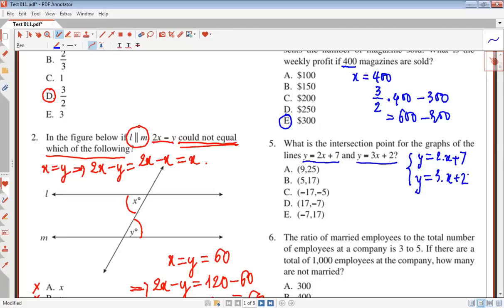We check the second equation, subtract the first equation. We have s equal to 5, and hence y equal to 17. It is option B.